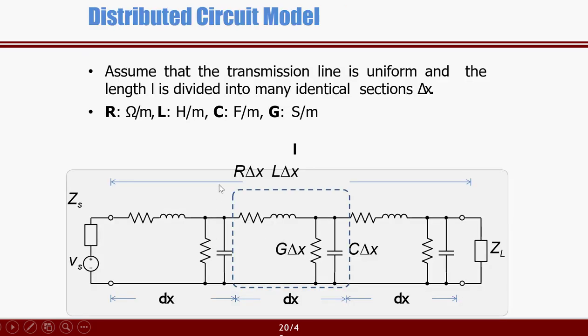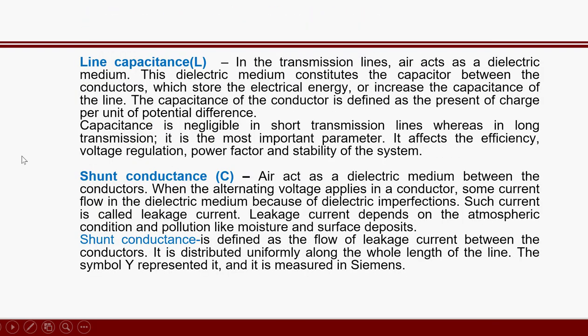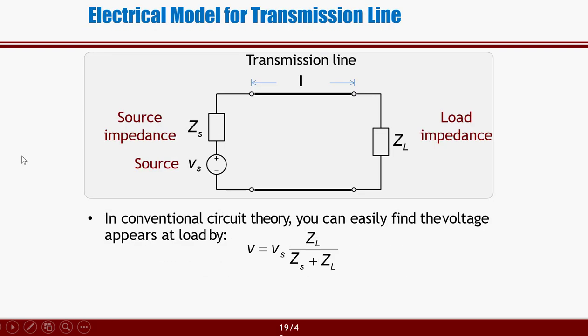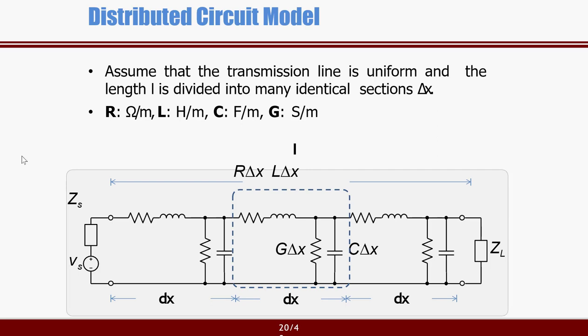But we are going to express the distributed circuit model of the transmission line, where we represent all the primary constants, that is R, L, G and C, along the length of the line.